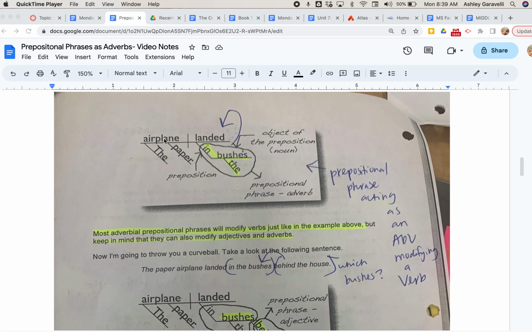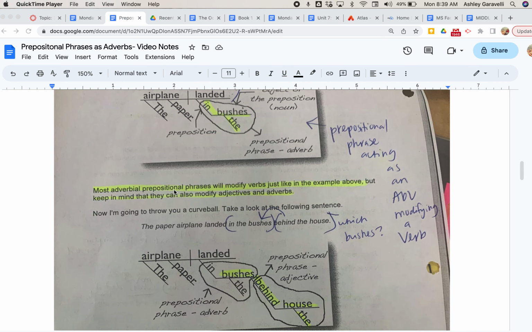Last week, we were diagramming them underneath airplane because they were acting as adjectives, but this is telling us where. So right here, object of the preposition, bushes, prepositional phrase acting as an adverb. Then I wrote right here, prepositional phrase acting as an adverb modifying a verb. Does that make sense? Most adverbial prepositional phrases will modify verbs just like in the example above, but keep in mind that they can also modify adjectives and adverbs.